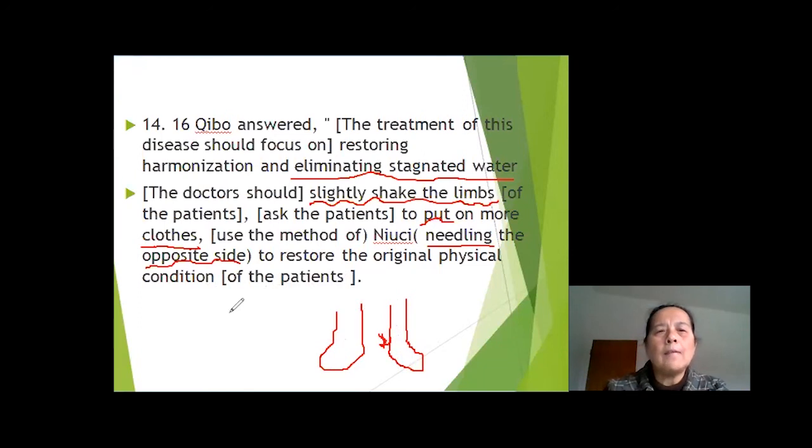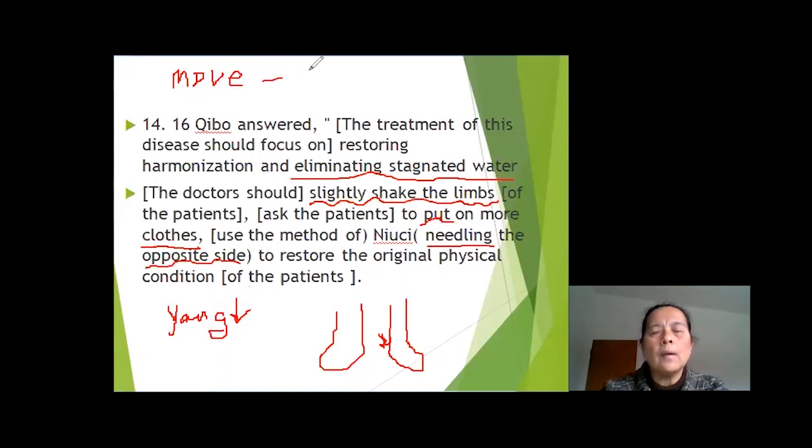Because water retention is the patient losing yang qi, internal organ yang qi deficiency, we tell the patient to do slight movement. In TCM we have a saying: moving generates yang qi, staying generates yin.